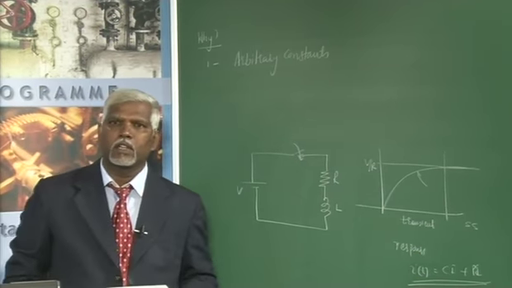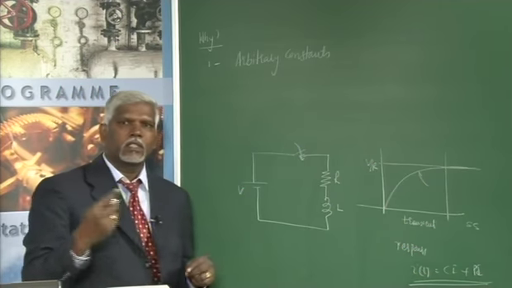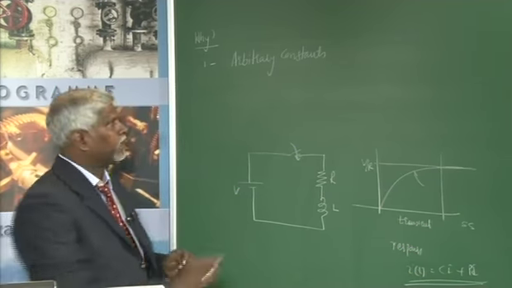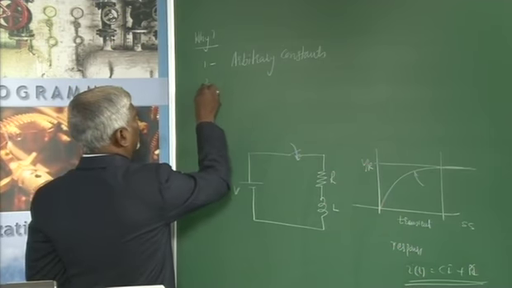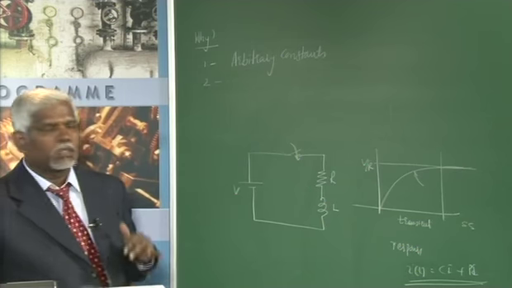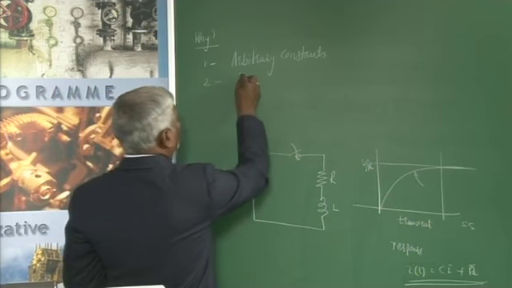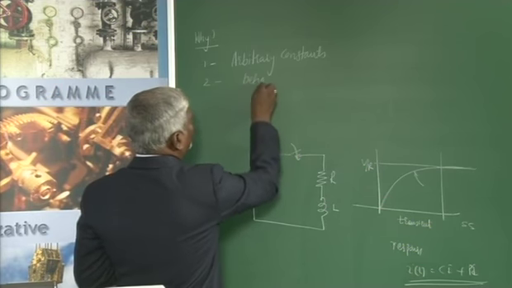In your second order differential equation, you will have two arbitrary constants. As the order increases, the arbitrary constants keep on increasing. This also helps us in understanding the behavior of the electrical elements.